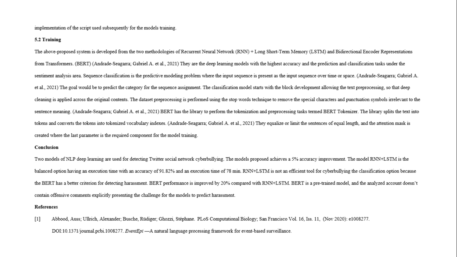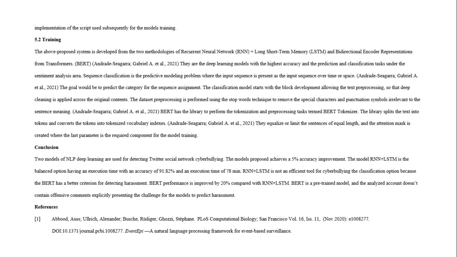The sequence classification takes a list of input sequences given as the input sequence over space or time. The goal would be to predict the sequence assignment category. The classification starts with the process of block development, which allows the text pre-processing, and then deep cleaning is applied across the contents.